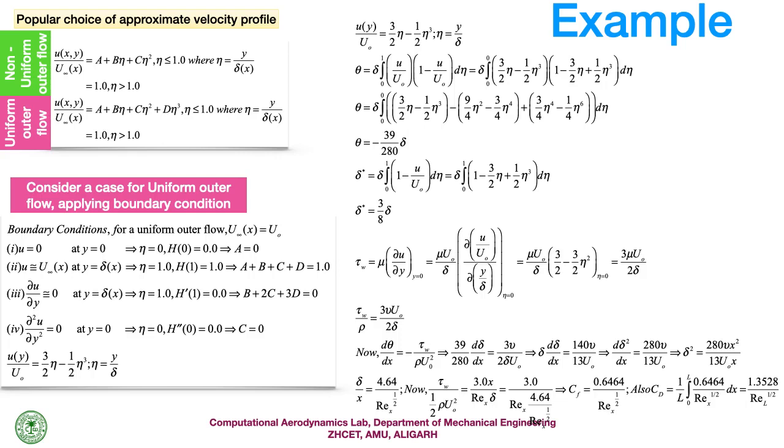Also if I integrate this, I can get the drag relationship, which comes out to be 1.3528 times Rex raised to the power half. So you can see that by doing this very simple approximate analysis, I can obtain first estimates of the boundary layer thickness variation with x, the skin friction, wall shear stress, and the drag coefficient.